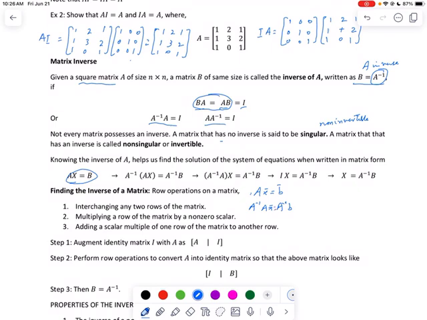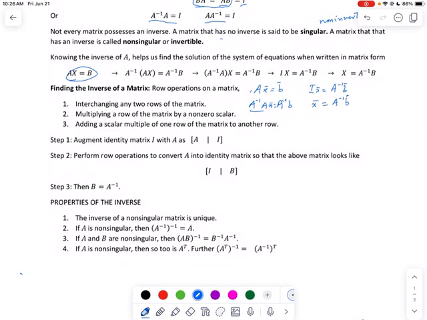But now A inverse A is I, so we get I times x is equal to A inverse times b. But I times x gives us back x, so x is equal to A inverse times b. So this way we can find the solution of the system of equations.